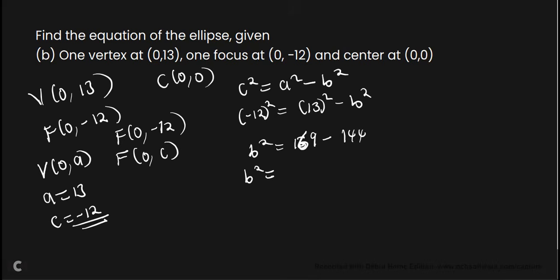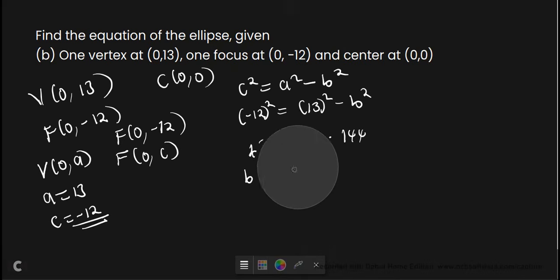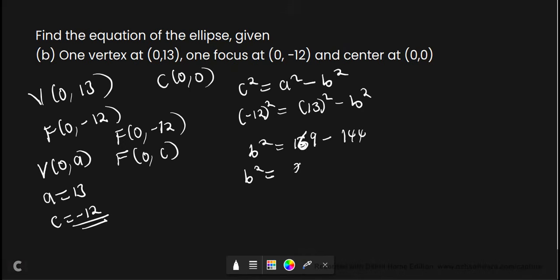When you subtract that, it's supposed to give you 25. Right. So B squared is 25.